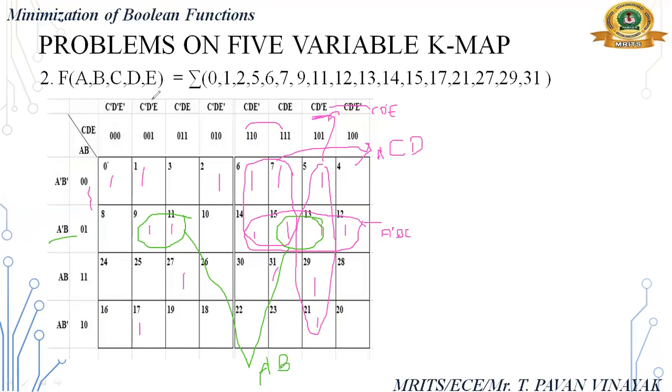From these two, common term is what? See, 1, 2, 3, 4. From these four, common term is E. E is common. So A bar B E is the term. Okay.